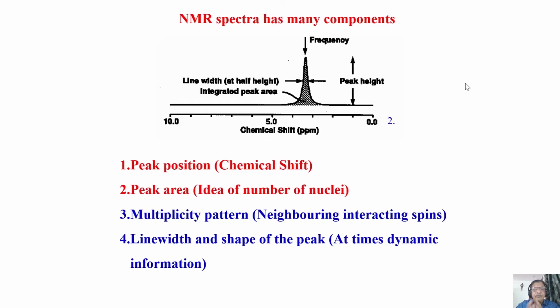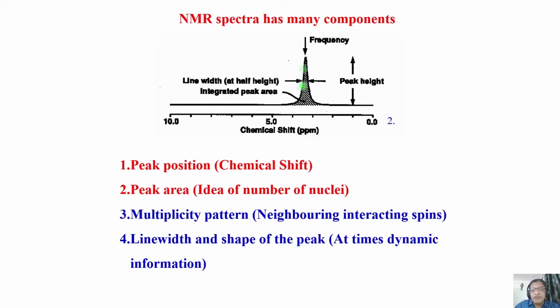Okay. Before that, let me tell you, the NMR spectrum has many components. First of all, if you look at the NMR spectrum like this, which I said how to get, the resonance in the couple of lectures before, look at this one. This is the shape of a peak. There is several information contained in this.